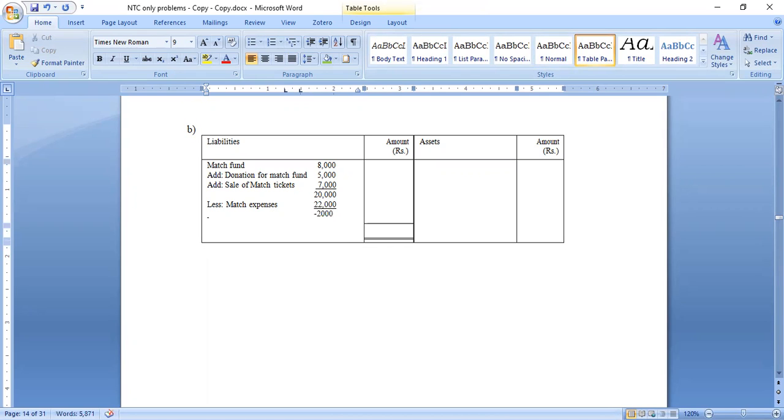So where do we have to mention this? That is why we have to prepare a working note for each and every peculiar item.